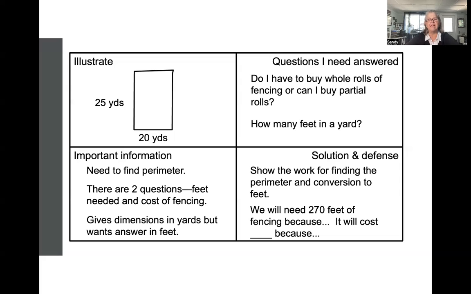I'm going to pay $684 because, and I can include my assumption. I believe I must buy whole rolls of fencing, so I will have some fencing left over. So it's that defense. Here's my answer, because. And I answered both questions, okay?